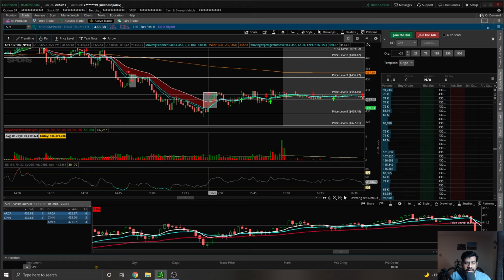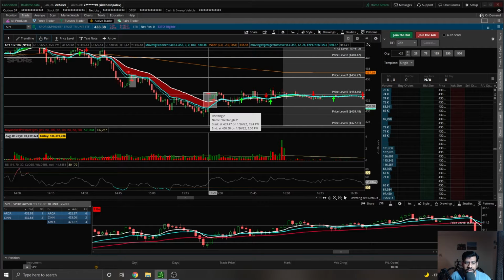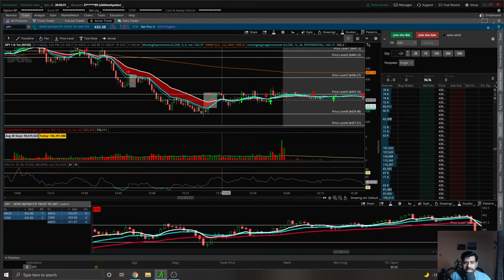So the same thing happened over here. The moving average crossed over, but as you can see here, the crossover confirmation we got over here, not over here. Even though both the fast moving average and slow moving average crossed over here, we got confirmation over here.